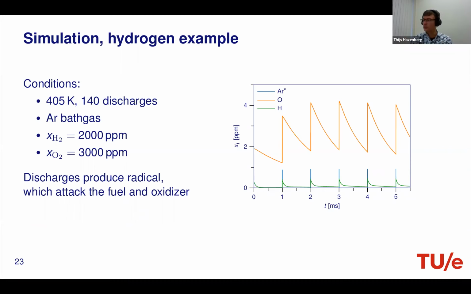If we then zoom out a bunch and our plasma has a pulse frequency of 1000 hertz, then we see that we have very specific or very short times in which we produce a lot of radicals, which then slowly react in our combustion mechanism with the fuel or recombine back.